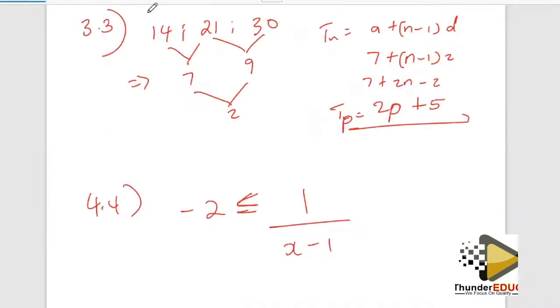Okay, so which means that if -2 is less than 2, it simply means 1 over x minus 1 is 2 is perfect.